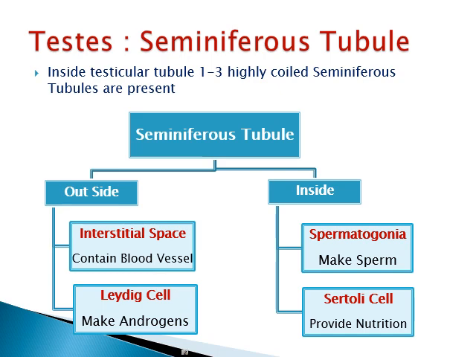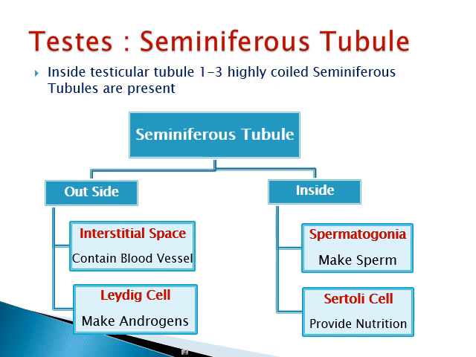Inside the testis, seminiferous tubules are present. In each testis, there are testicular lobules which we have studied. There are approximately 250 testicular lobules, and in each testicular lobule there are highly coiled 1 to 3 seminiferous tubules. We study seminiferous tubules in two parts, first the outside part and another the inside part.